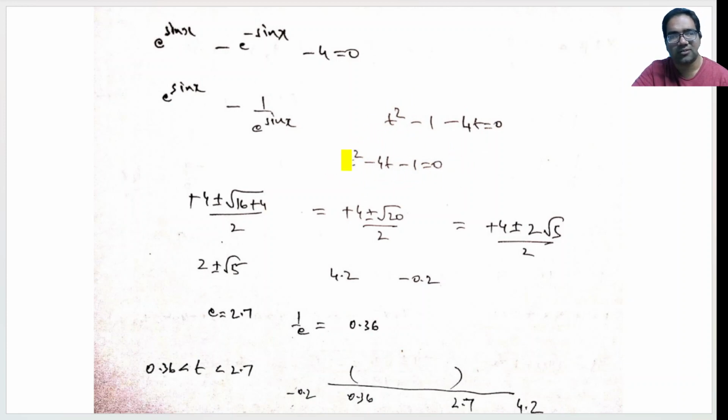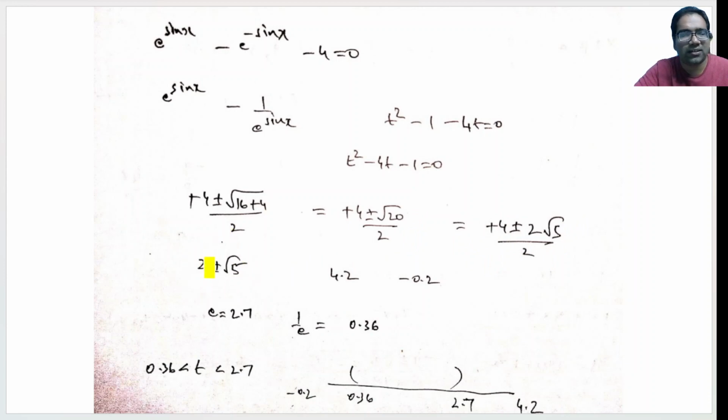Let us solve this as a quadratic equation: minus b plus or minus the root of b² − 4ac, over 2a. Here minus b is plus 4, plus or minus root of 4² plus 4 into 1, so we are getting 4 plus or minus root 20 by 2. That means 4 plus or minus 2 root 5 by 2, that means 2 plus or minus root 5.